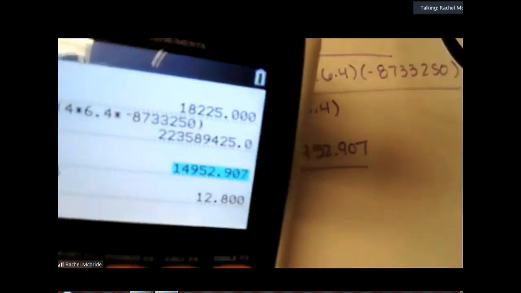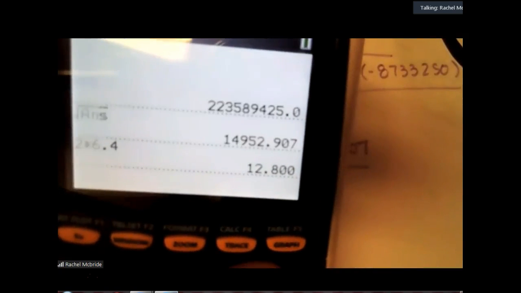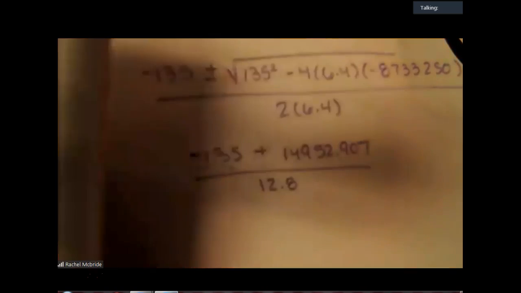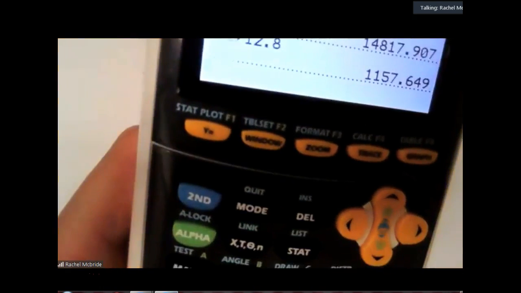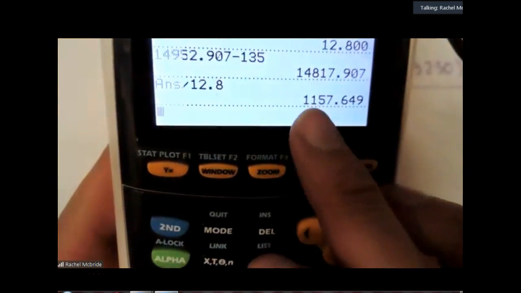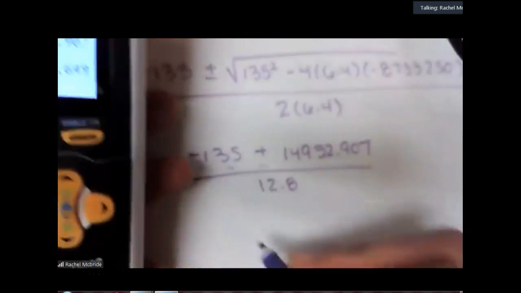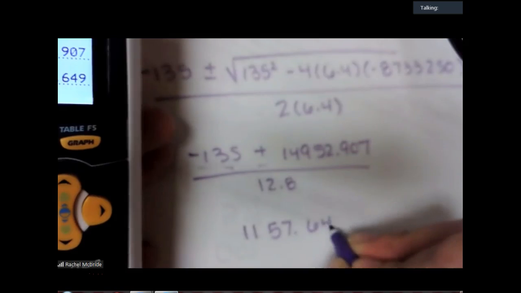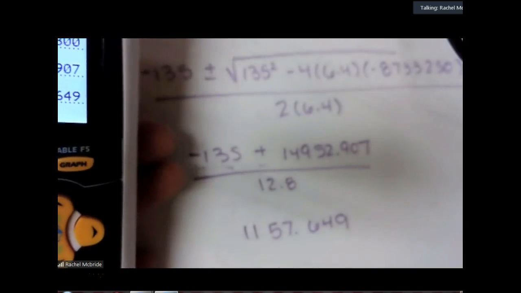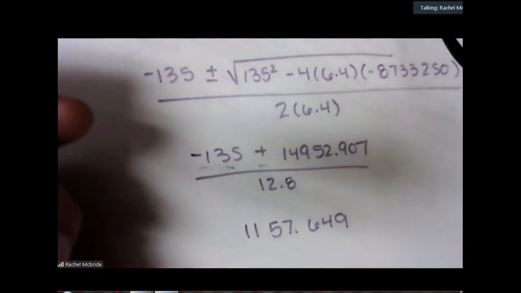So again, on your calculator, you could highlight that answer, subtract your 135 from it, and then divide it by your 12.8. And you get 1157. So that represents that population.